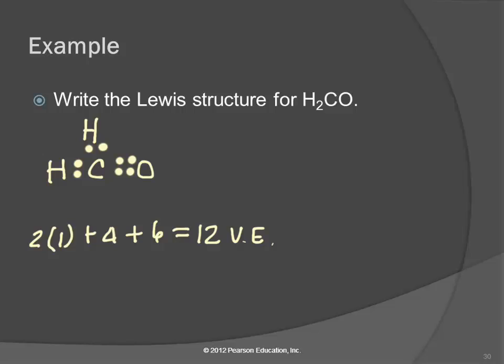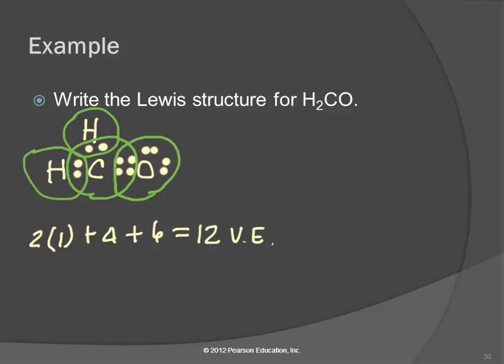Hydrogen can't make double bonds. Hydrogen can only make 1 single bond. 2, 4, 6, 8, 10, 12. There's 12 electrons total. Oxygen has, well, let's circle it. Oxygen has 8 electrons, and carbon has 8 electrons, and each hydrogen has 2 electrons.